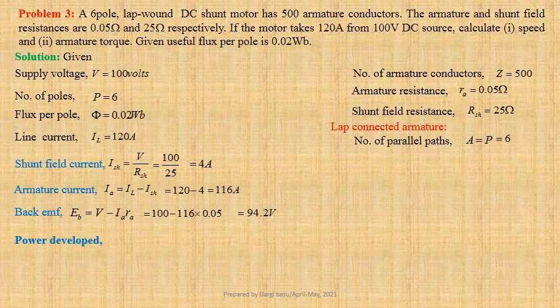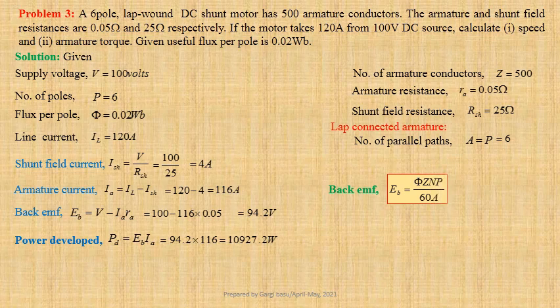Power developed PD equals EB into IA, that is equal to 94.2 into 116, that gives us 10,927.2 watts. We know the expression for back EMF EB equals phi ZNP divided by 60A.